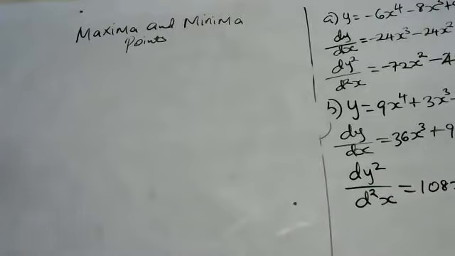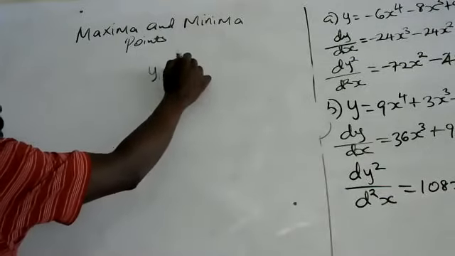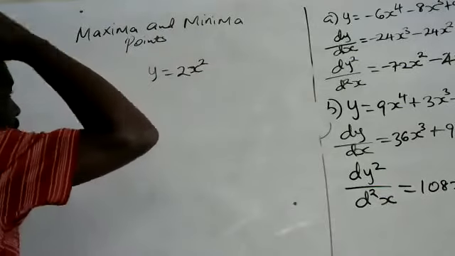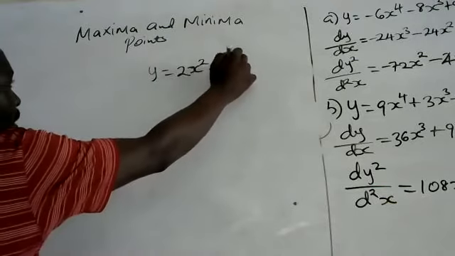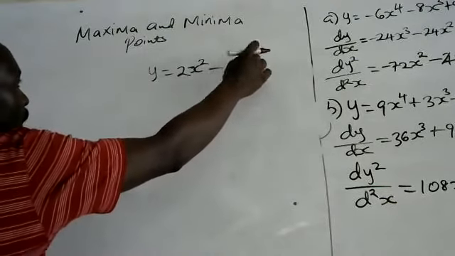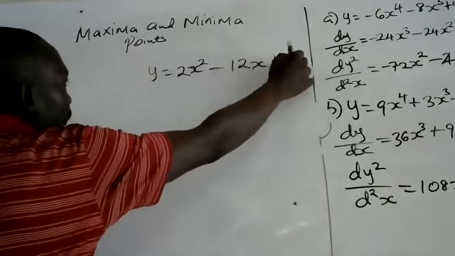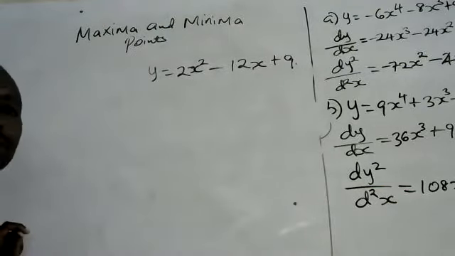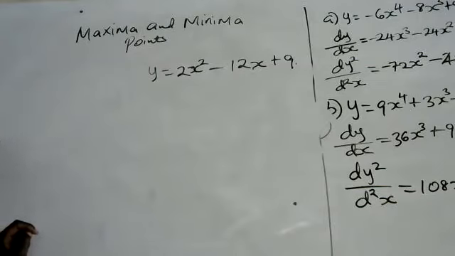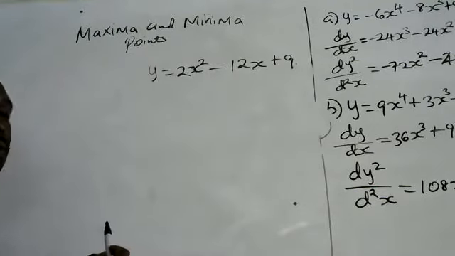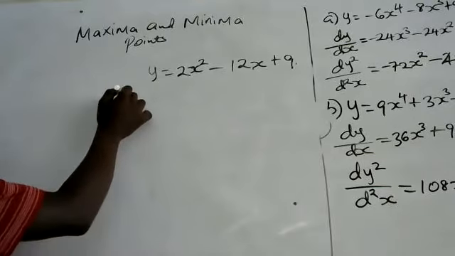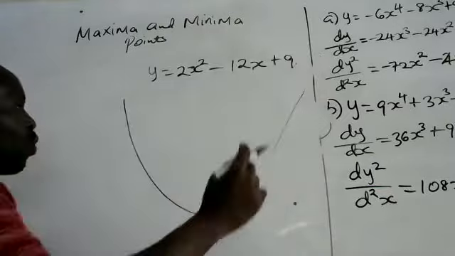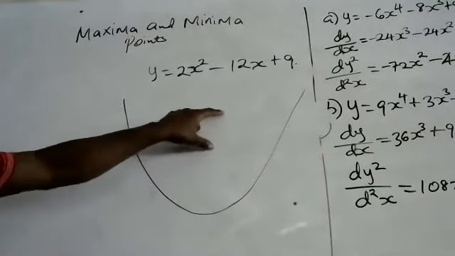If you have a curve with the equation y is equal to 2x squared minus 12x plus 9 minus 9, one thing you need to know is that when this is drawn on graph paper, it is going to give us a quadratic curve, which we call a parabola, like that.